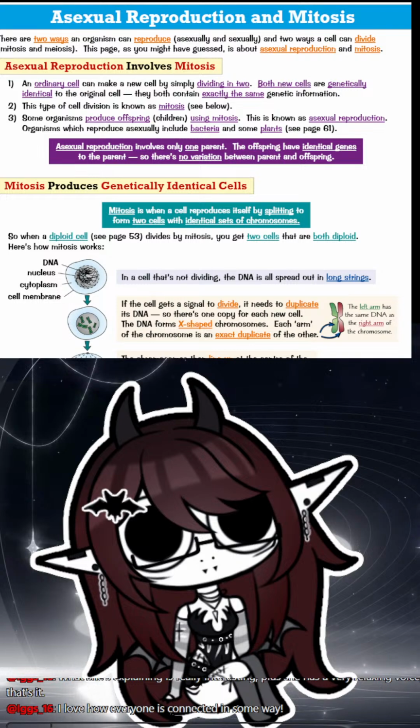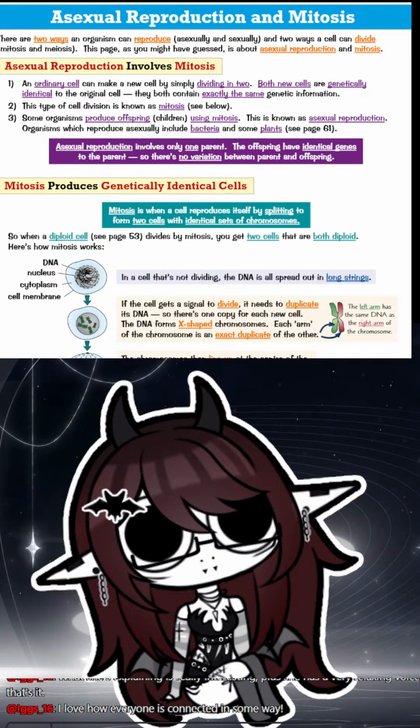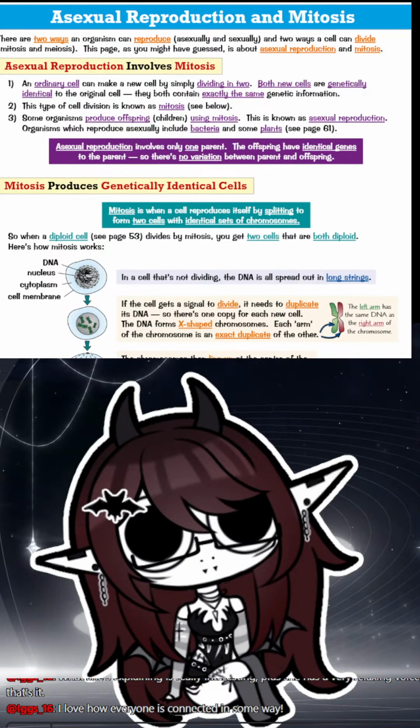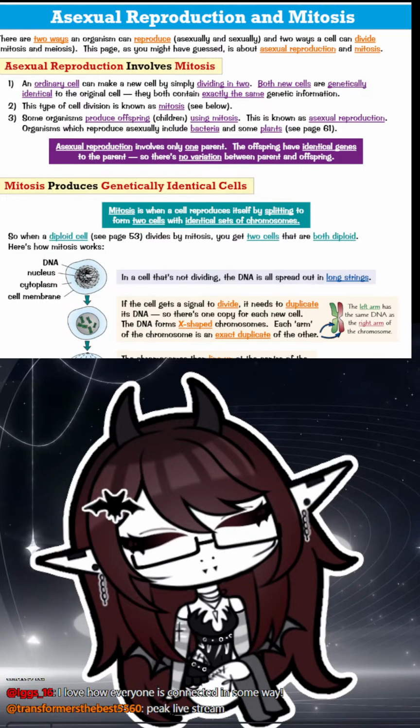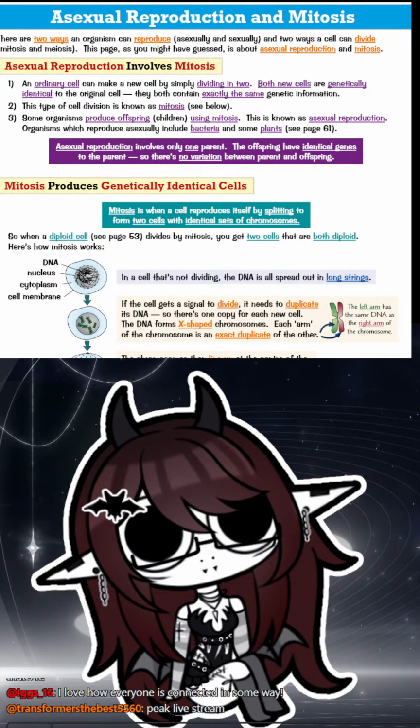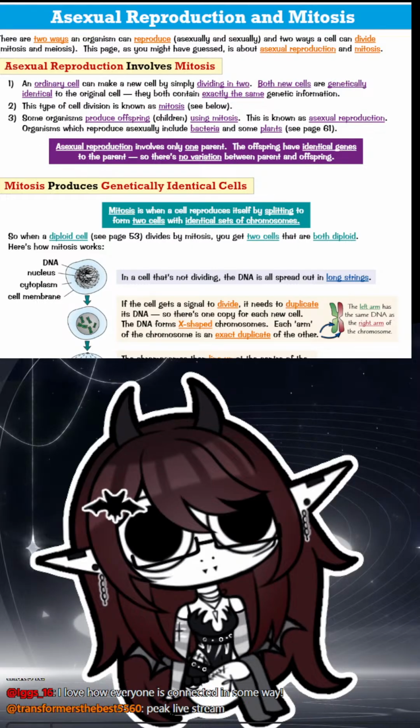Now, some organisms produce offspring using mitosis. This is known as asexual reproduction. Organisms which reproduce asexually include bacteria and some plants. Asexual reproduction involves only one parent.